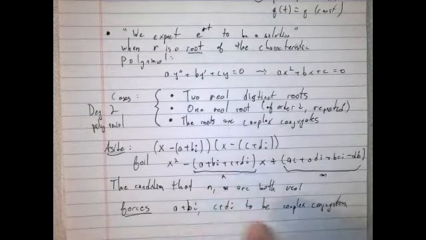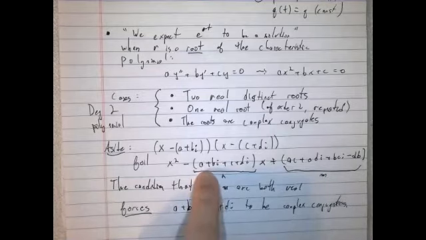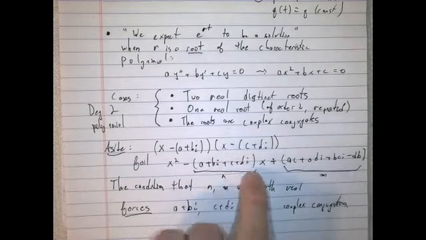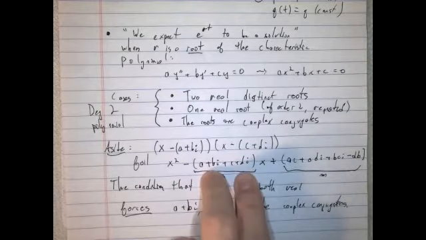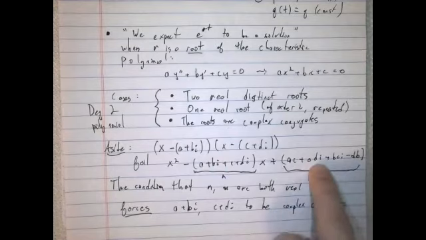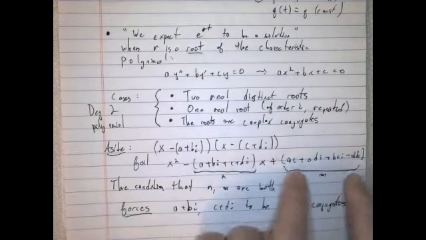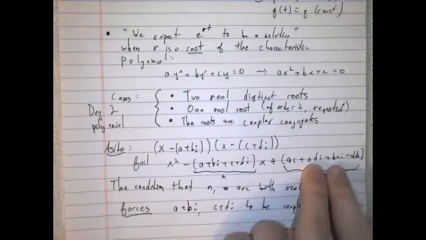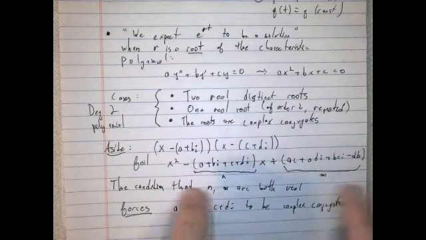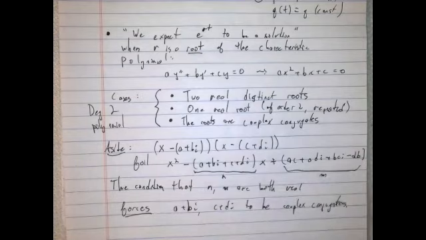It's something that you can see very explicitly. You just have to check, well, if a plus bi plus c plus di is real, that means b has to be equal to negative d. And then over here, if I need the i coefficients to vanish, because I want m to be real, then I know that ad plus bc also has to be 0. And yeah, so what you'll find is that these are exactly the conditions that a plus bi and c plus di are complex conjugates.